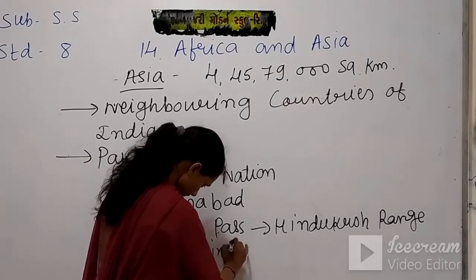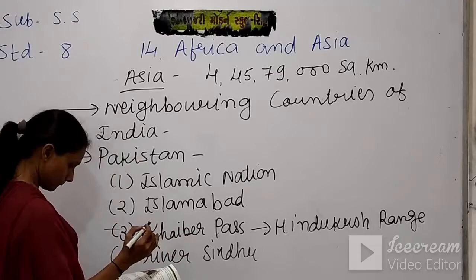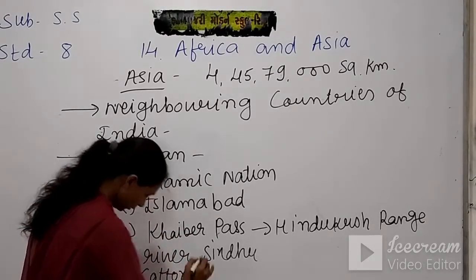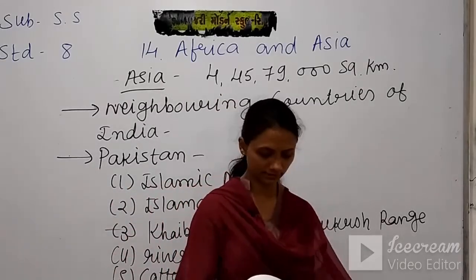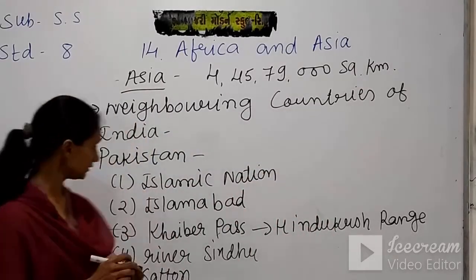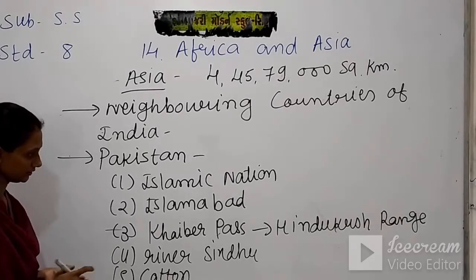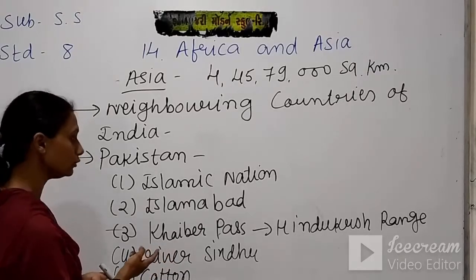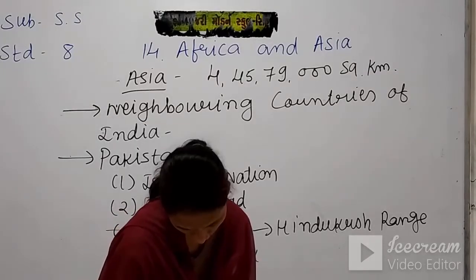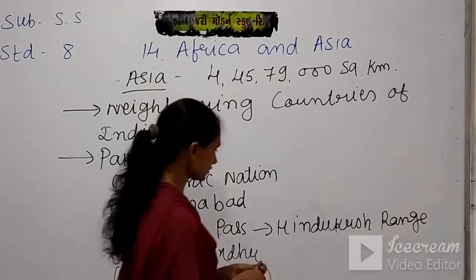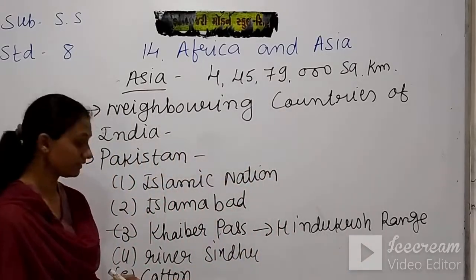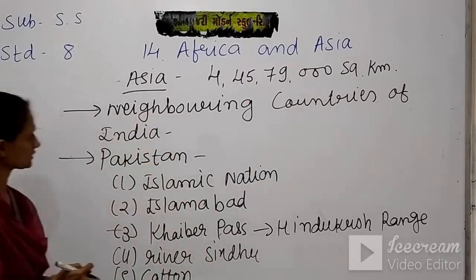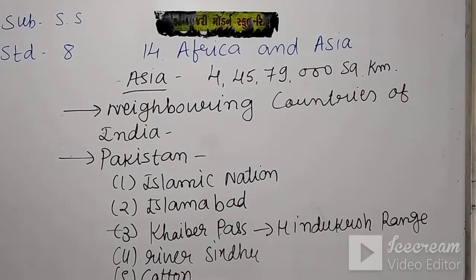River Sindhu, and cotton is the important crop of Pakistan. This is about Pakistan. It is an Islamic nation. Islamabad is the capital. Khyber Pass, in the Hindu Kush range. River Sindhu is there and cotton is the main crop of Pakistan. Please note down this information about Pakistan, students.